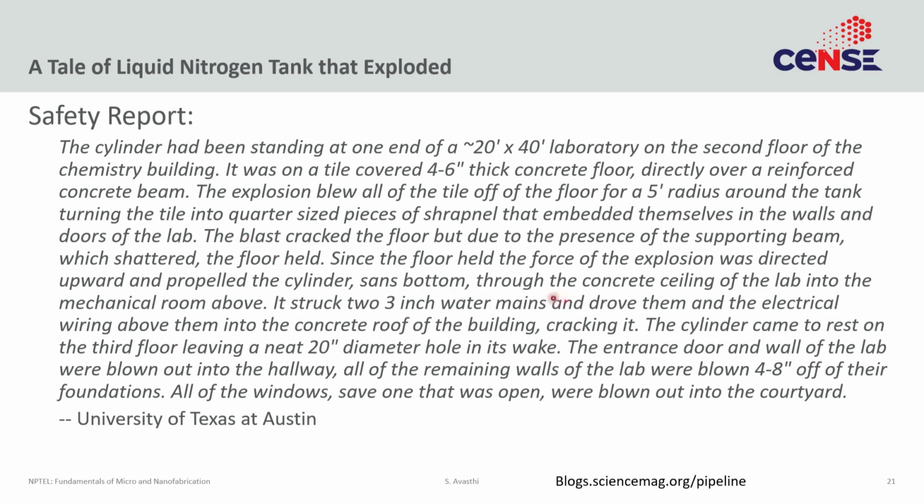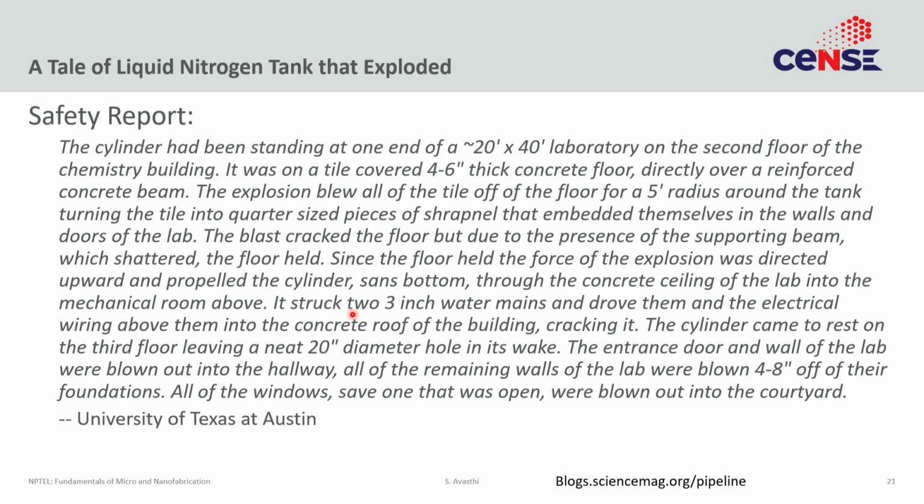Since the floor held, the force of the explosion was directed upward and propelled the cylinder, without the bottom, through the concrete ceiling of the lab into the mechanical room above. It struck two 3-inch water mains, drove them and the electrical wiring above them into the concrete roof of the building, cracking it. The cylinder came to rest on the 3rd floor, leaving a neat 20-inch diameter hole in its wake.